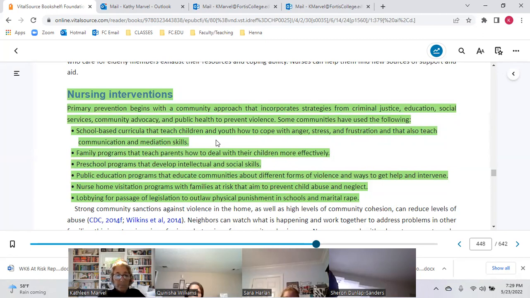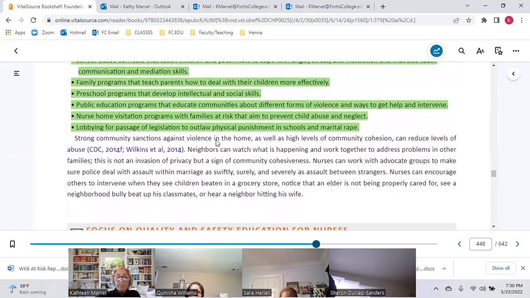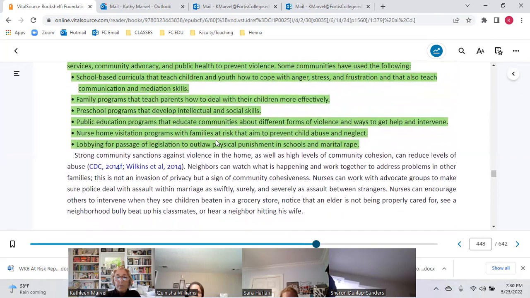And there's 6 of these. This is a starting point. These are 6 primary prevention interventions that have been used. Okay, I want you to read through these and I want you to know these, please. Family programs that teach parents how to deal with their children more effectively.